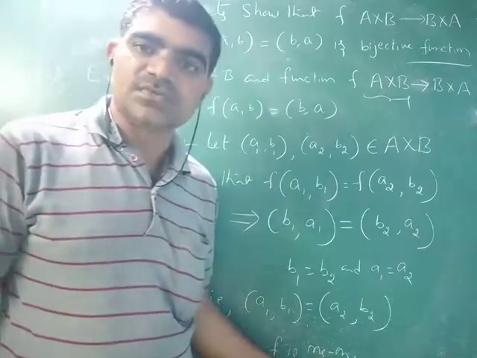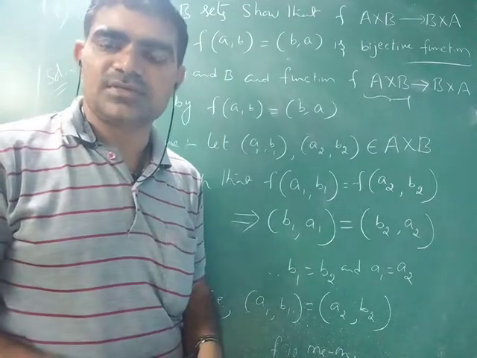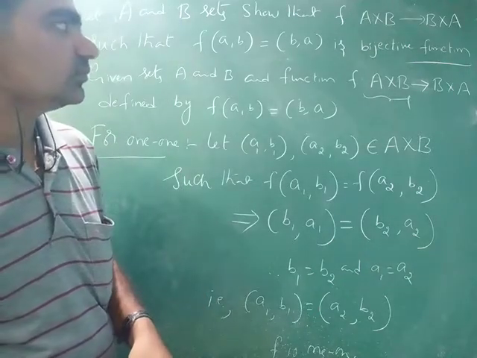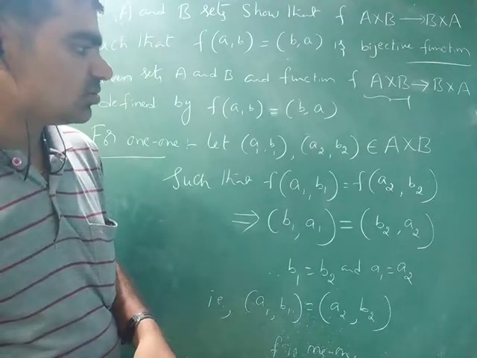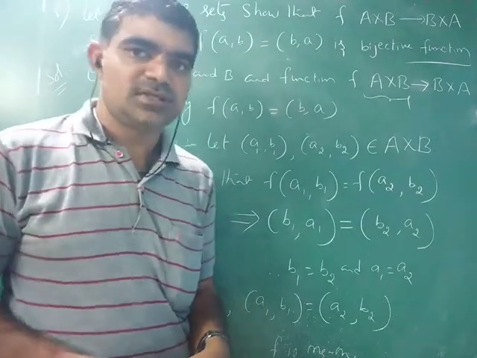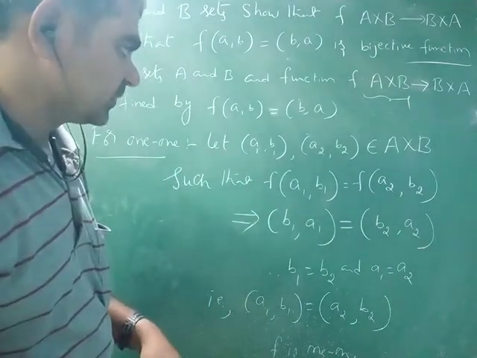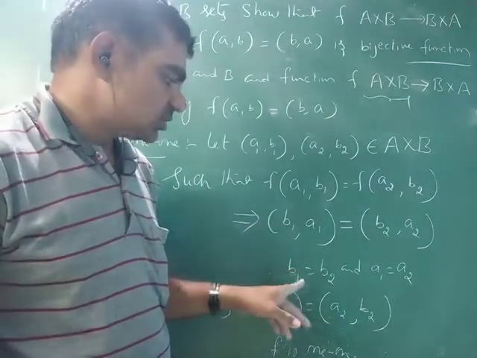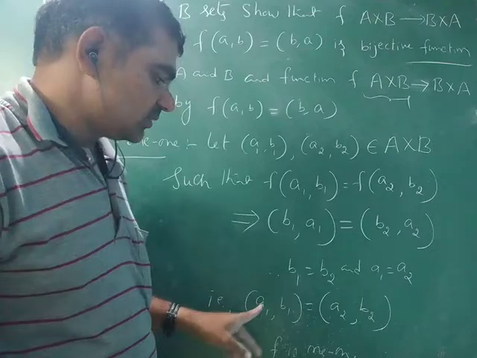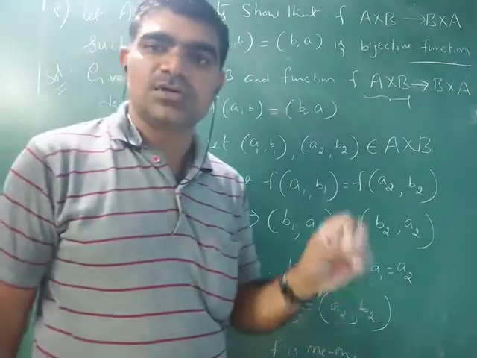So therefore f is what? One-one. Clear? f of a1 comma b1 is equal to f of a2 comma b2. Clear? Don't confuse. So we got b1 equal to b2, a1 equal to a2. Therefore a1 comma b1 is equal to a2 comma b2.